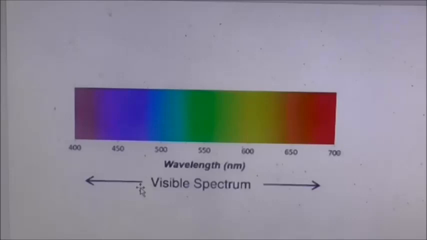A bit later on you got people like Max Planck and Albert Einstein who said that light does exhibit the characteristics of a wave, but it also exhibits the characteristics of a particle. Experiments like the Young slit experiment proved that that was the case, and the fact that light behaves as both a wave and a particle is a cornerstone of modern physics these days. But we don't care about that very much.